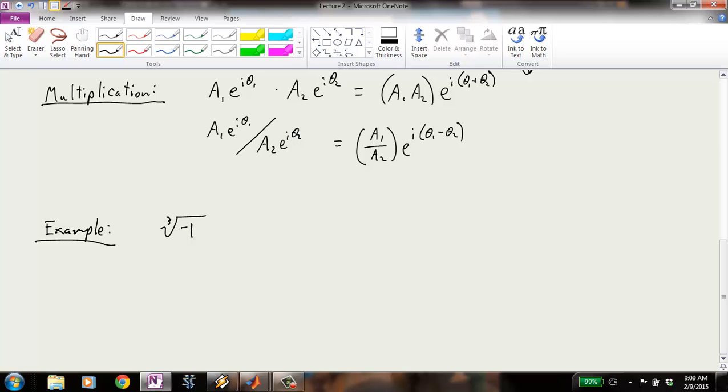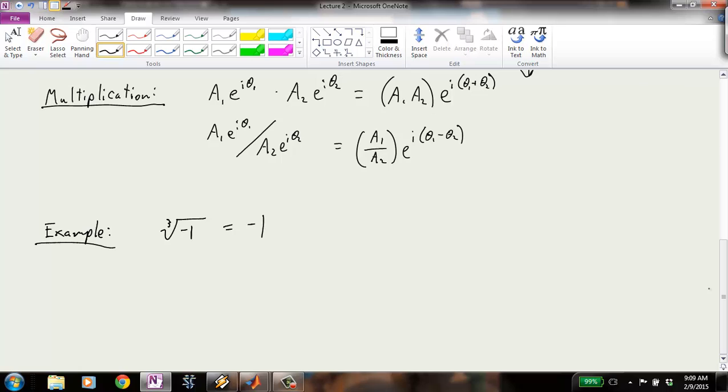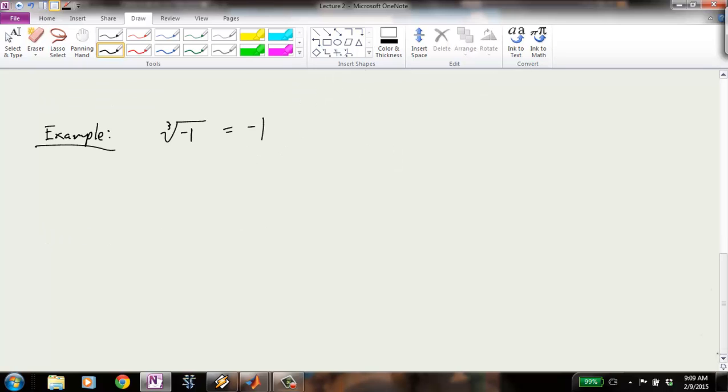It's -1. So far so good, but there are other cube roots. Now that we are talking about complex numbers, we can find other cube roots. In fact, there should be 3. Just like there are 2 square roots of positive numbers, the plus and negative side, there are 3 cube roots. And we can identify those using our intuition and our understanding of complex numbers.